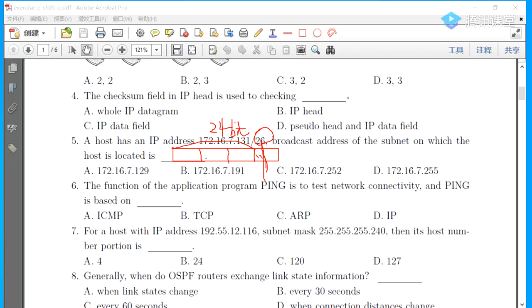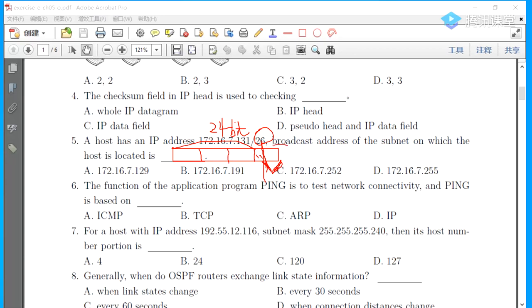So the broadcast address is set with the host portion all 1, with 111, right?